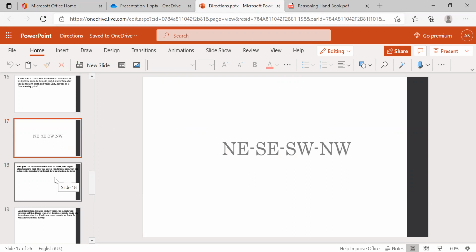First we'll start with some basic problems, but before that, I want to show you a direction diagram. Everyone knows east, north, west, south.